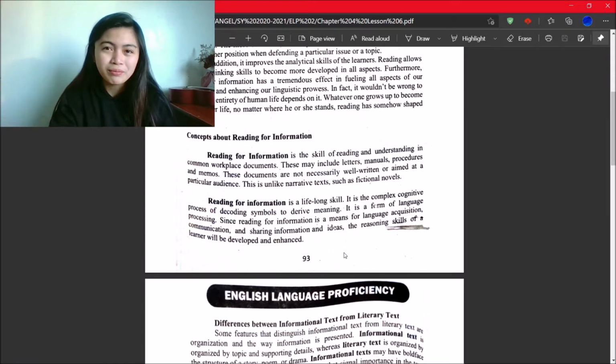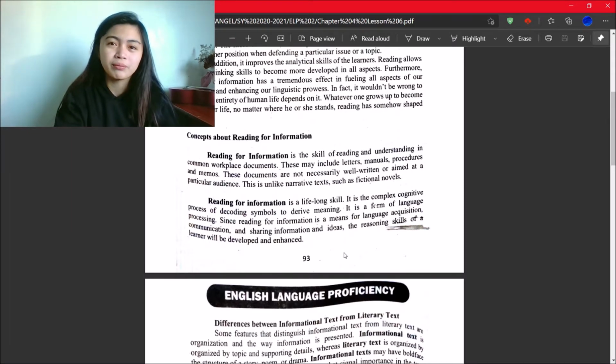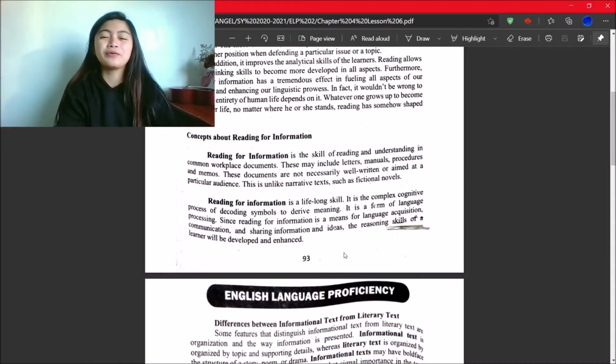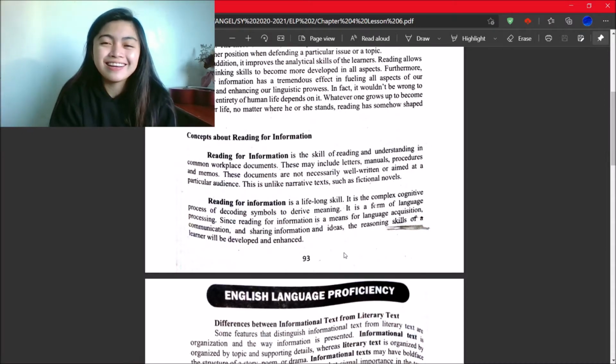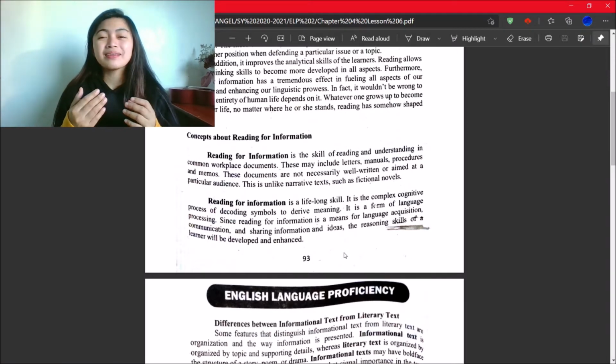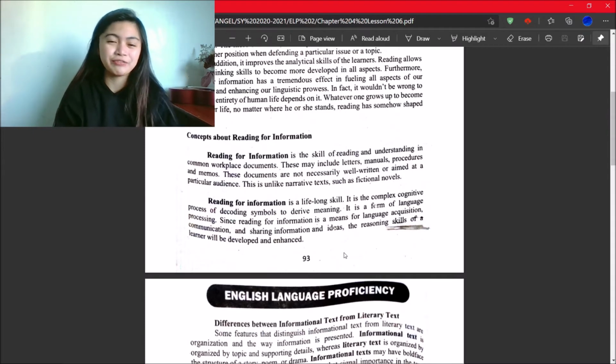It is to inform us and ginagamit talaga siya sa workplace, especially sa formal workplace, in academic, yung formal na environment. So, I'm so sorry for the noise, but yun ang importance ng reading for information.